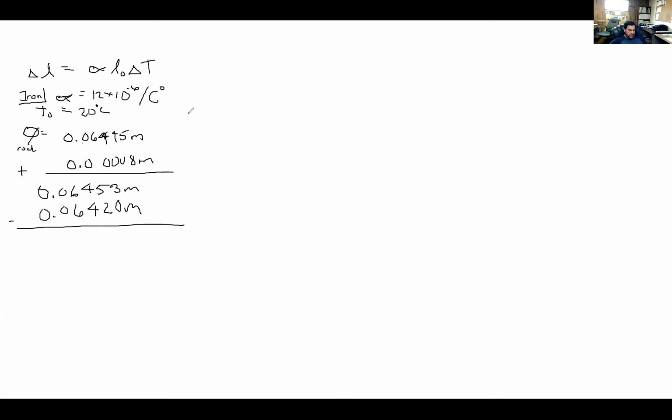It's 6 of one and half a dozen of another. Okay, so that's what I want to get to. That's what the ring currently is. So my change in diameter is 0.00033 meters.